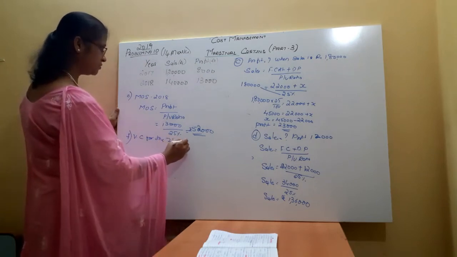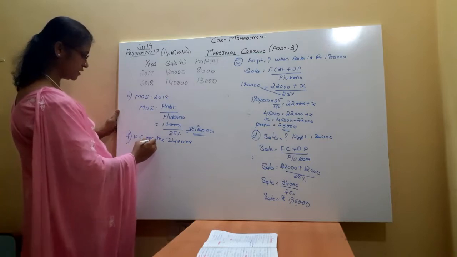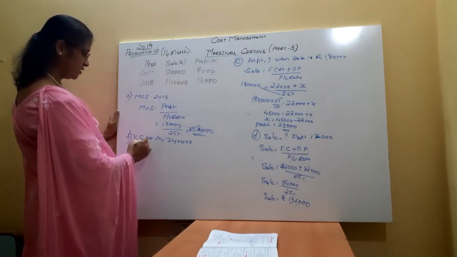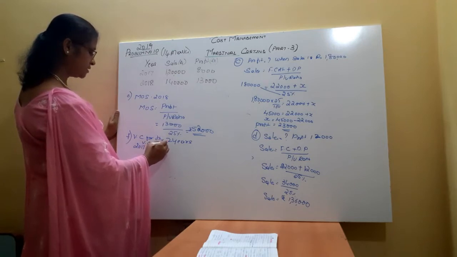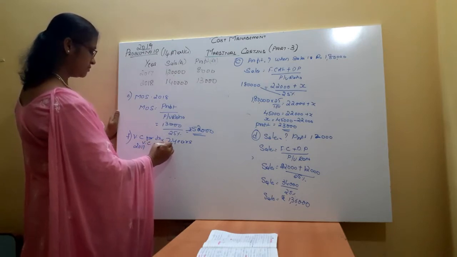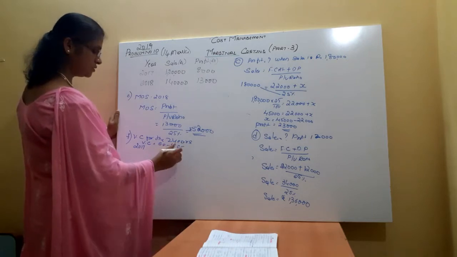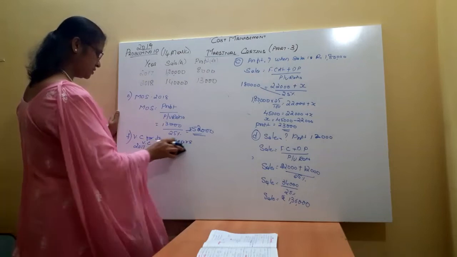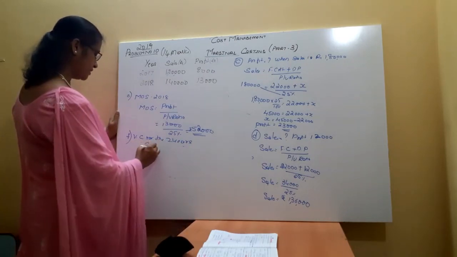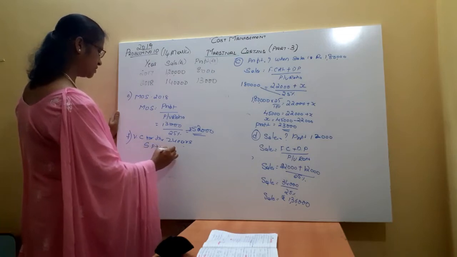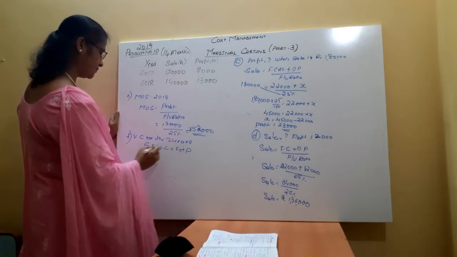That is 2017 and 18. So let us calculate for 2017. We know the formula for variable cost is selling price minus fixed cost, or we can do the method as I just showed you. So selling price plus variable cost is equal to fixed cost plus profit.